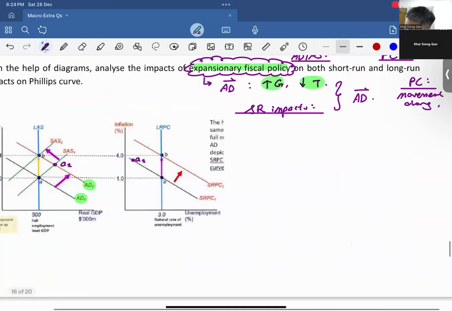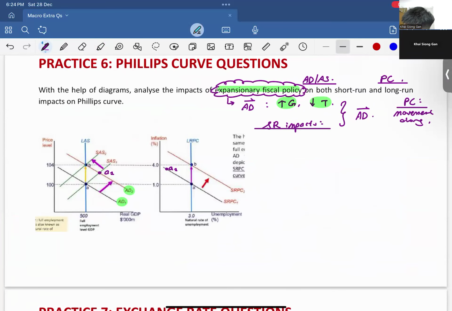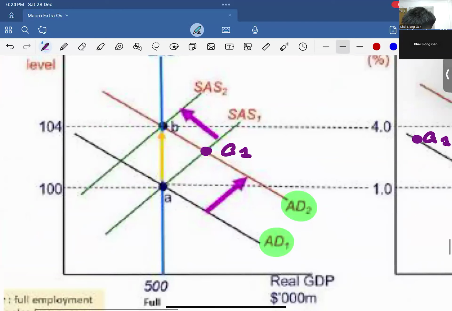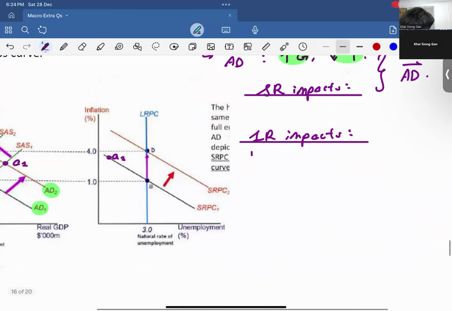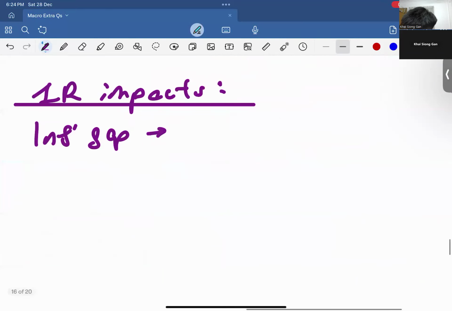Then after that, long run. Okay, long run impacts. How come it will shift another graph? Why? Because in the long run, you see here, in A1 over here, there's an inflationary gap, right? So inflationary gap means workers overwork.